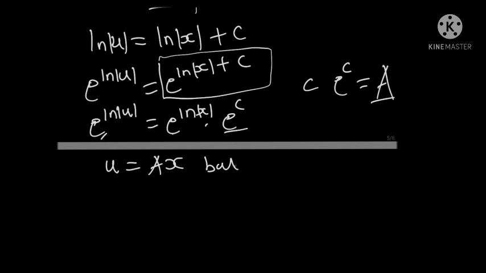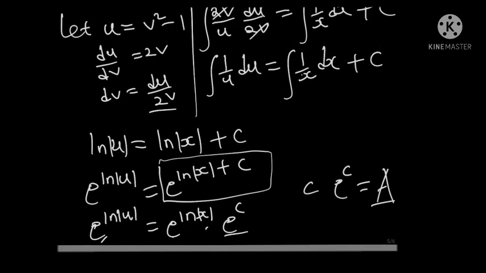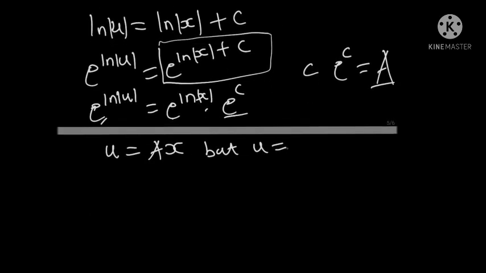But we need to substitute for u, and we said let v squared minus 1 be equal to u. So we need to substitute back. We have v squared minus 1 equals ax. Now, again, we need to substitute for v. We said y equals vx.